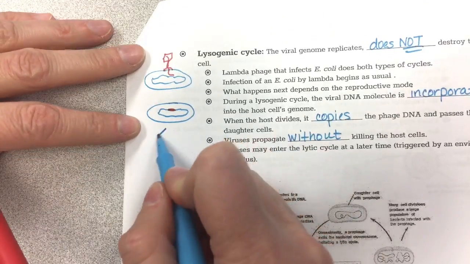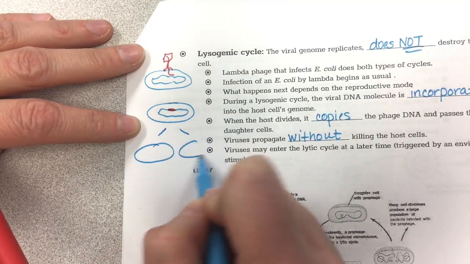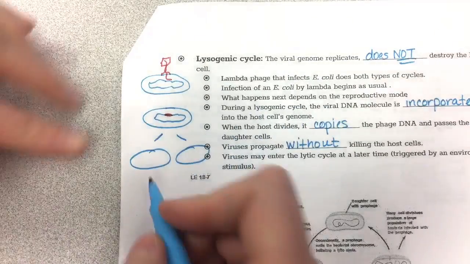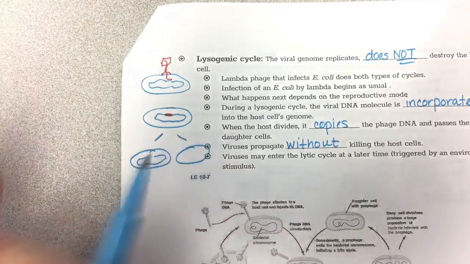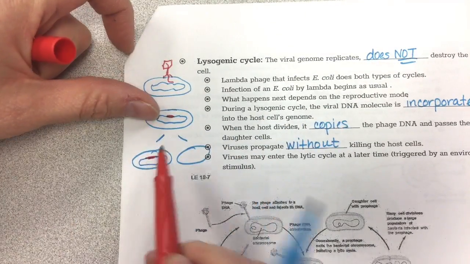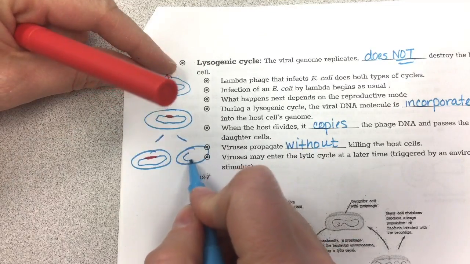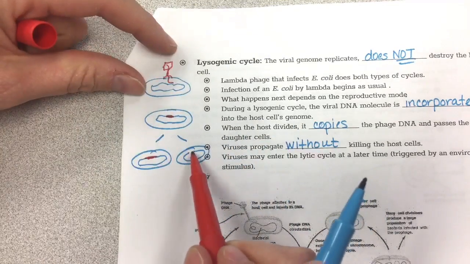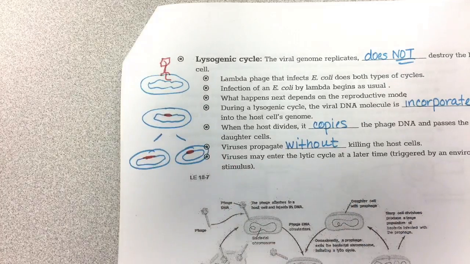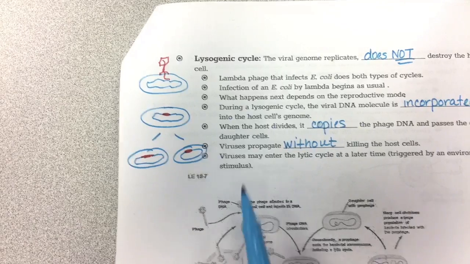So every time this bacteria reproduces, each new bacteria now has viral DNA. And guess what? That viral DNA at any point can pop out and be used to make new viruses and actually go through the lytic cycle.